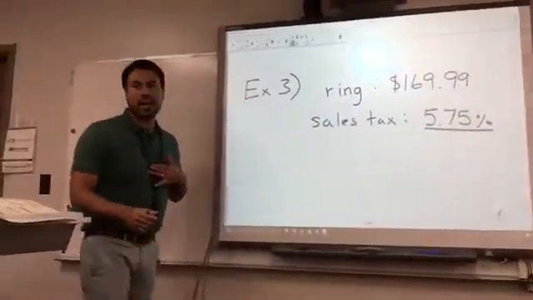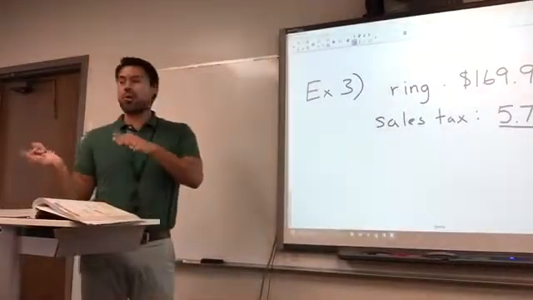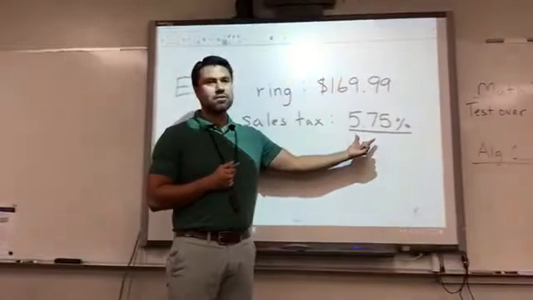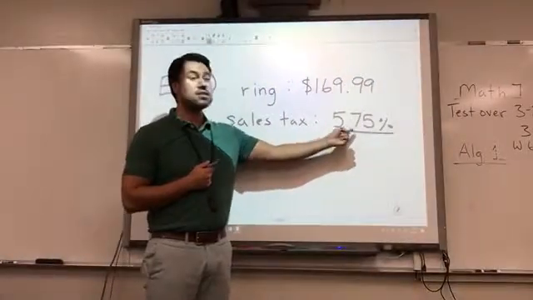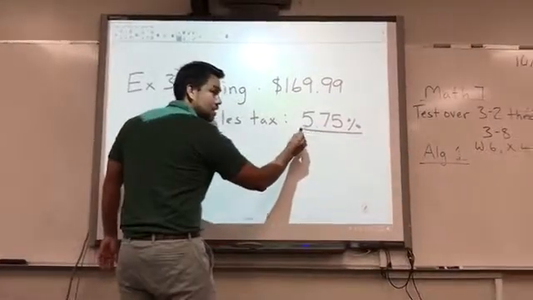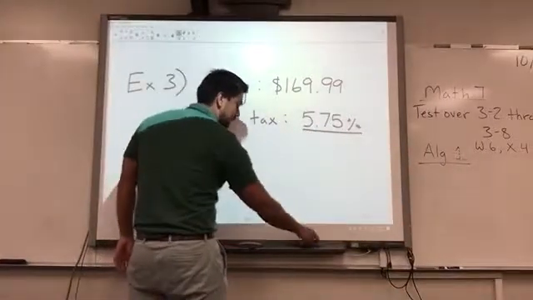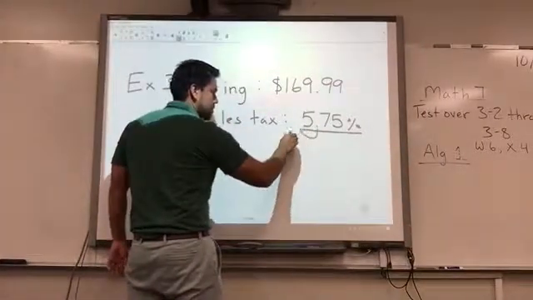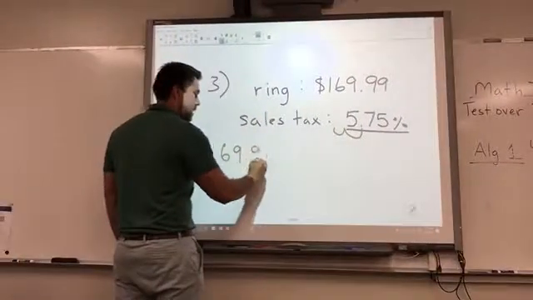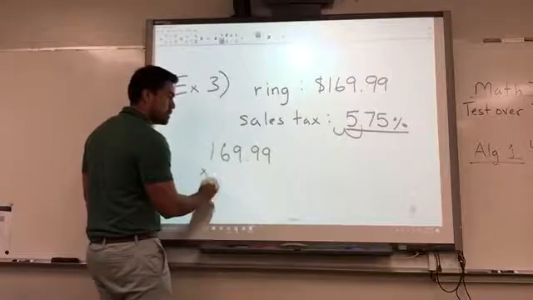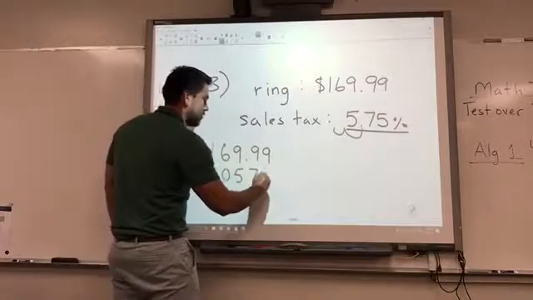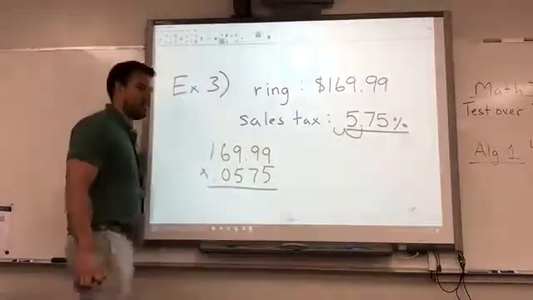Change it into a fraction or a decimal. Do you think the fraction is going to be the nice way of doing it? I don't think so. How do you change this to a decimal, though? But it's a percent. So it becomes 169.99 times 0.0575. Go.